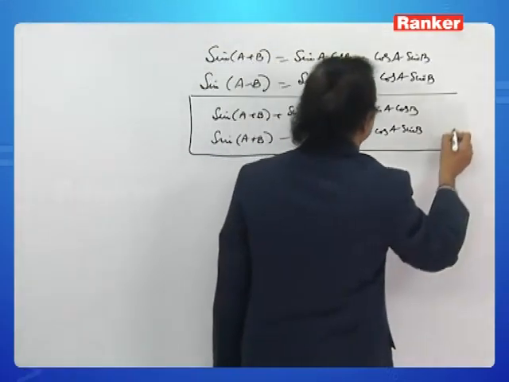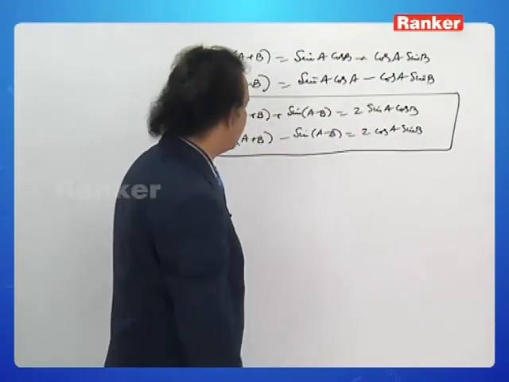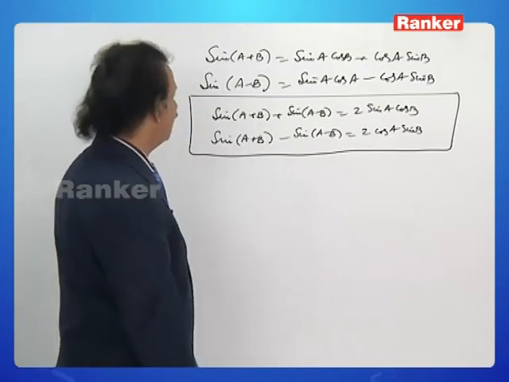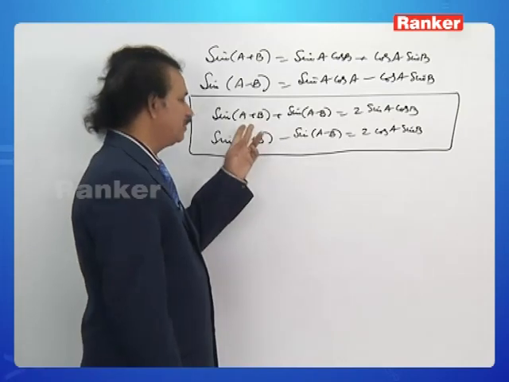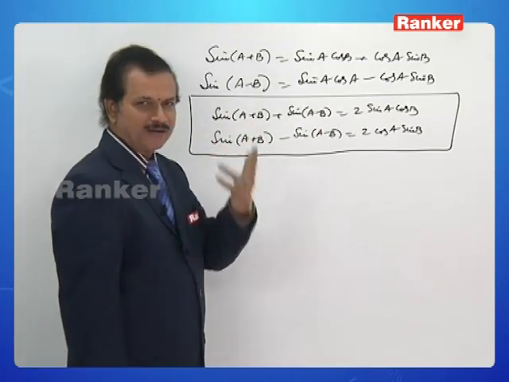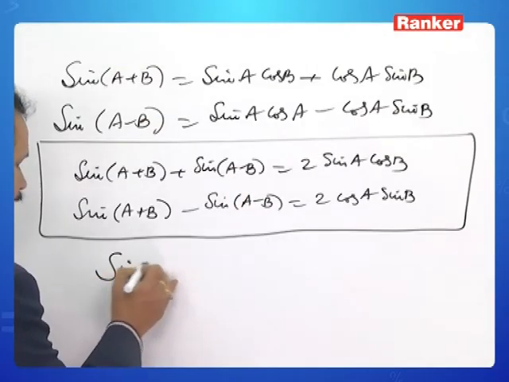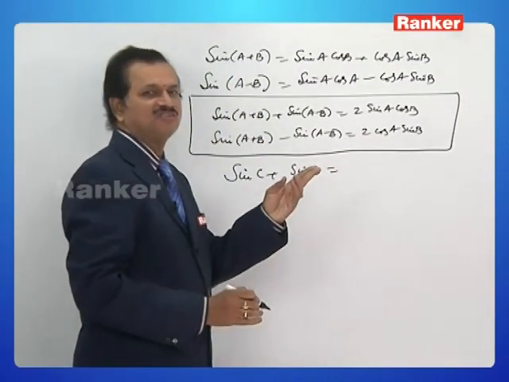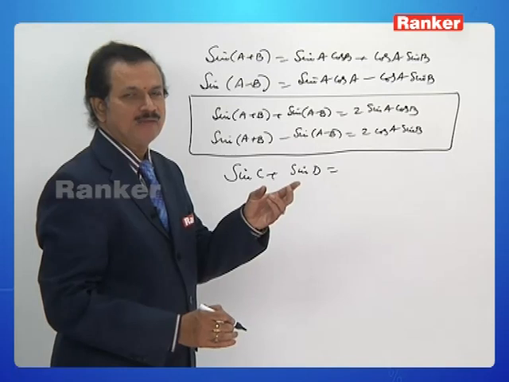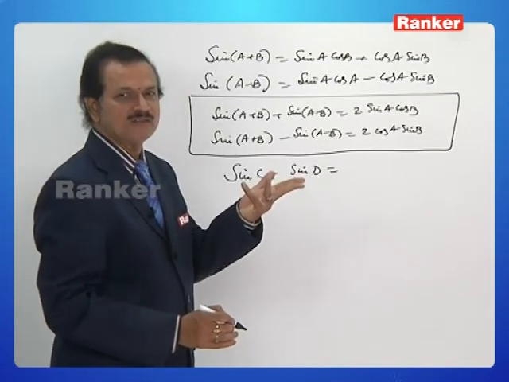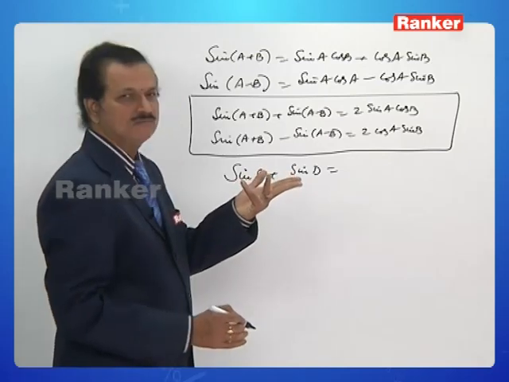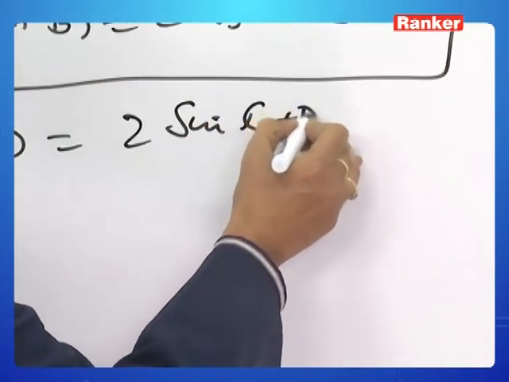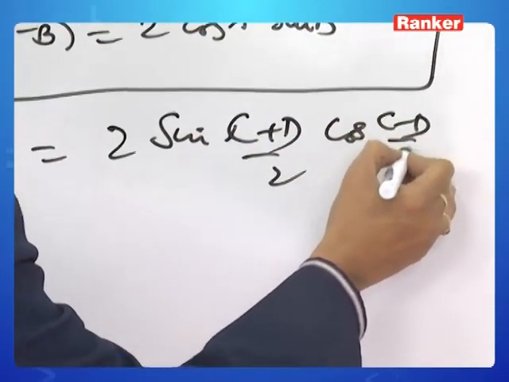Another packet of information, another quantum of information has been obtained. Sine of A plus B plus sine of A minus B is equal to 2 sine A cos B. Well, from these, let me replace A plus B by some C, A minus B by D. What happens? Sine C plus sine D. A plus B is C, A minus B is D. Add them: 2A is C plus D and 2B is C minus D. Therefore, it is 2 sine C plus D by 2 cos C minus D by 2.